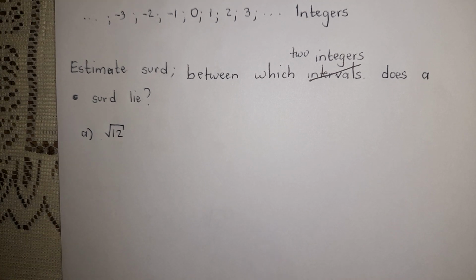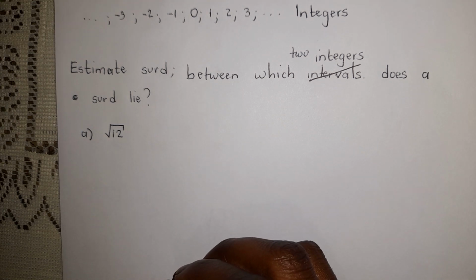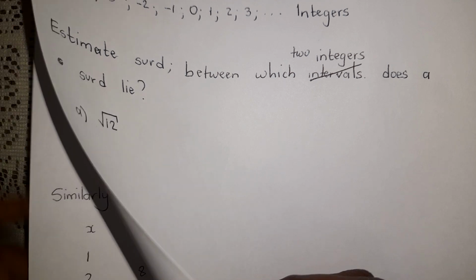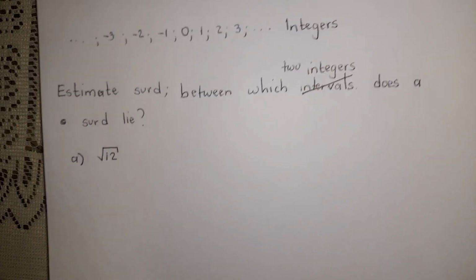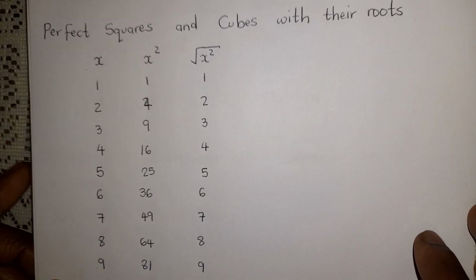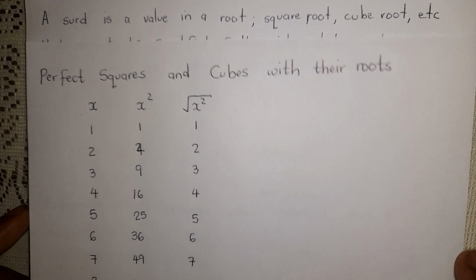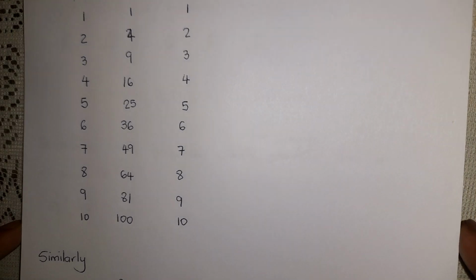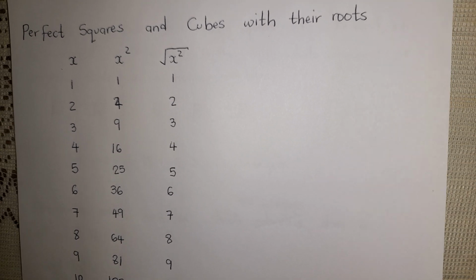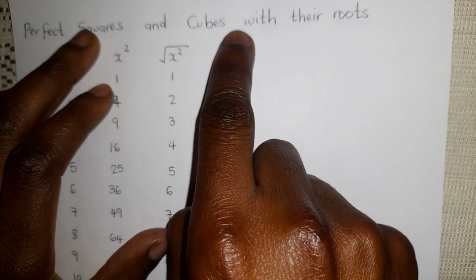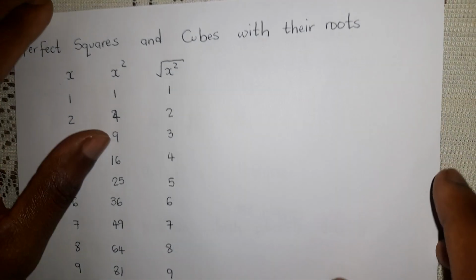Ladies and gentlemen, this is one easy topic. For you to be able to understand this one, I will quickly focus you on the idea of perfect squares, perfect cubes, perfect whatever. I have a table that I've just compiled of perfect squares and perfect cubes together with their roots.